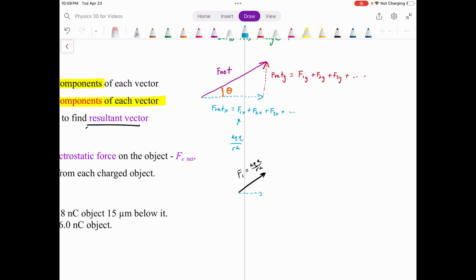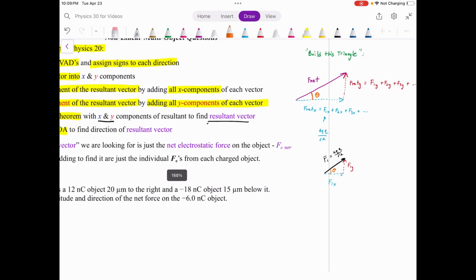And from there, once you've calculated F1, it's all the same stuff. This would be its x component. This would be its y component. Maybe you're given its angle, so you can use trigonometry to find those x and y components, right? And then do that for every force you have that's acting on the object. Add up all the x's, add up all the y's, Pythagorean those to get the net force itself, and trigonometry to get the direction of the net force.